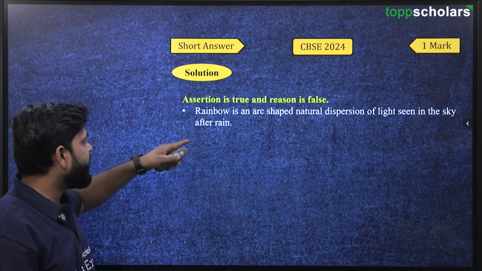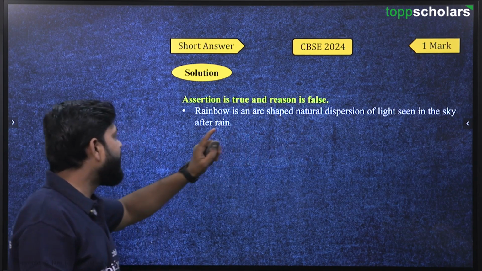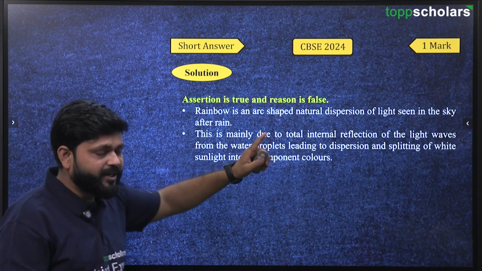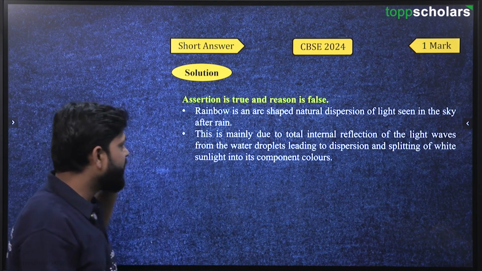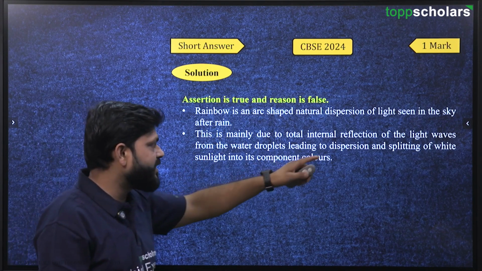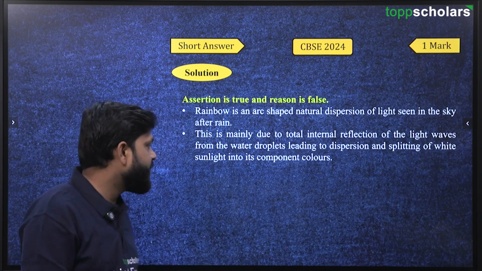Why is the reason false? Rainbow is an arc-shaped natural dispersion of light seen in the sky after rain, right? That is one point. This is mainly due to total internal reflection, TIR, of the light from the water droplets, leading to dispersion and splitting of white light into its component colors.